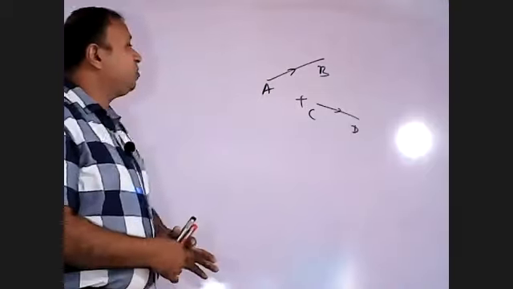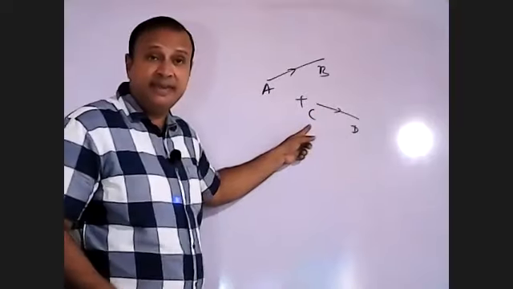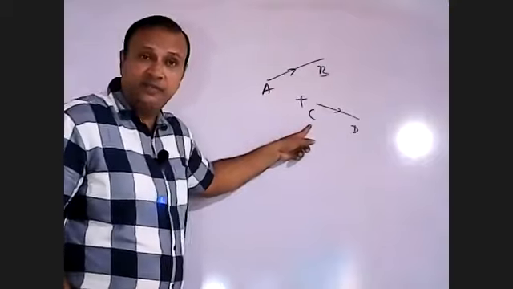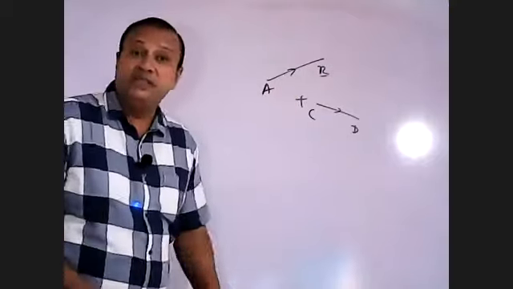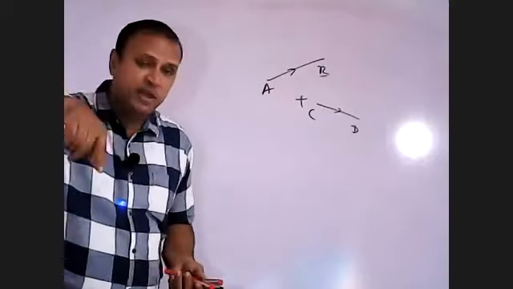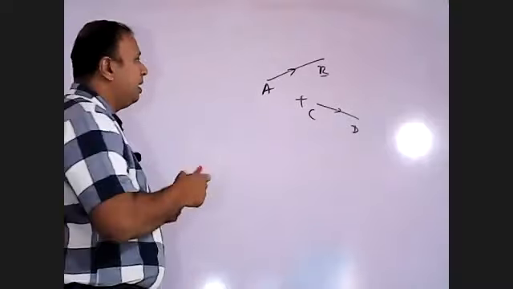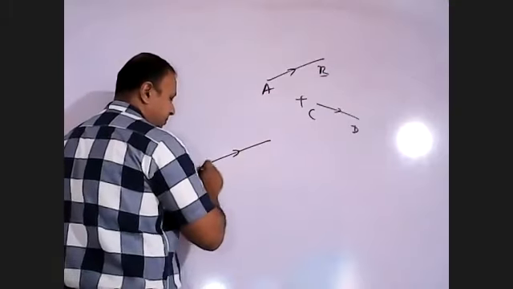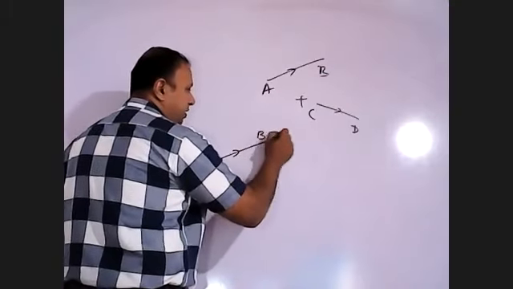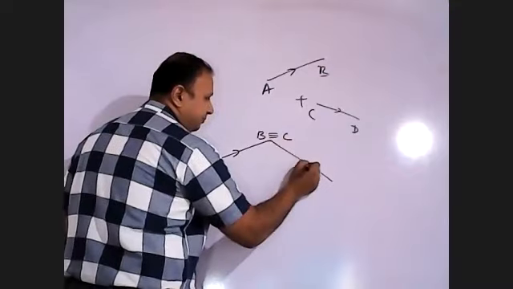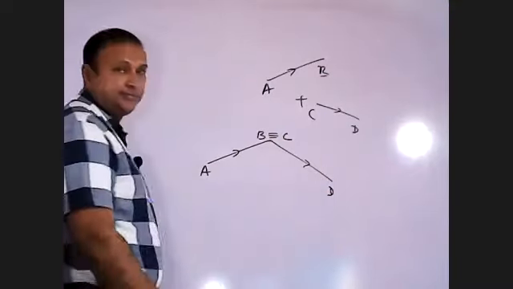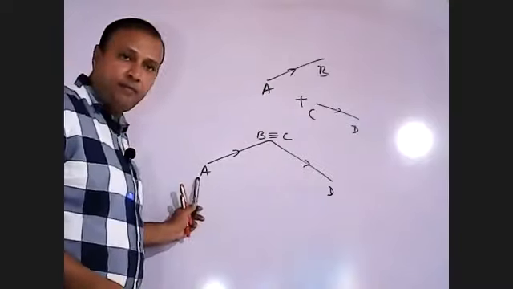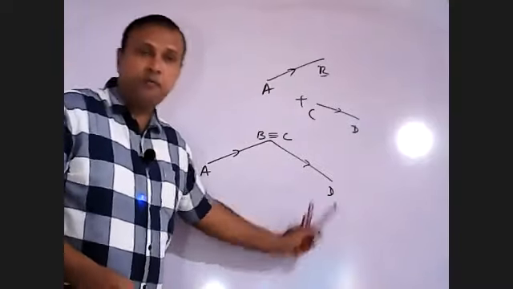Yes. We should coincide B and C. B means the end point of the first vector should coincide with the starting point of the second vector. That is my first step. So I have to coincide B and C. Then there will be two free ends. One is a starting point, the other one is an end point.